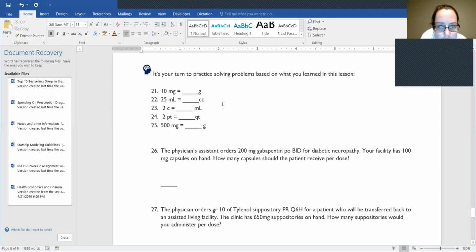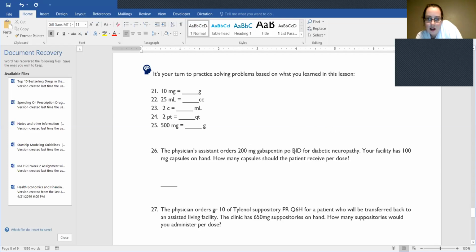Let's just take a look at some of these word problems. Word problems often have excess information. When we're looking at a prescription, there is no unneeded information for the full process of filling a prescription. However, for doing the math, we can leave out the name of the drug.